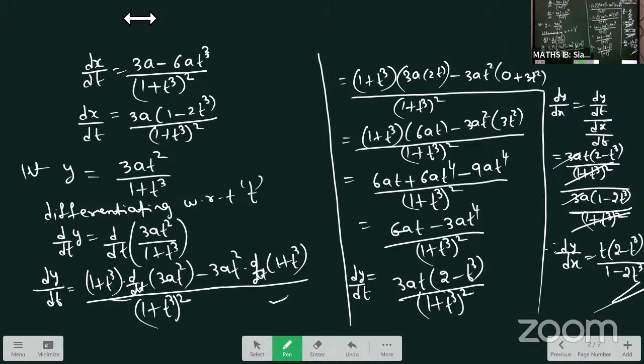Next question. This question has come in the March exam.